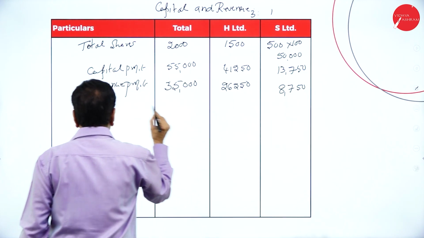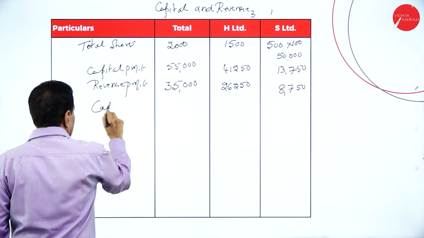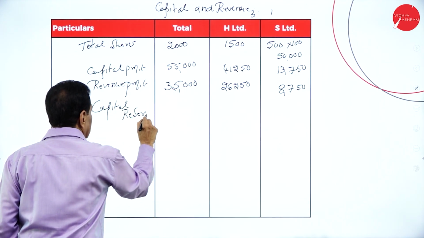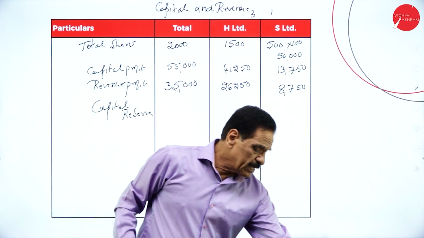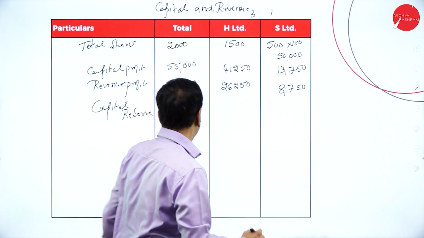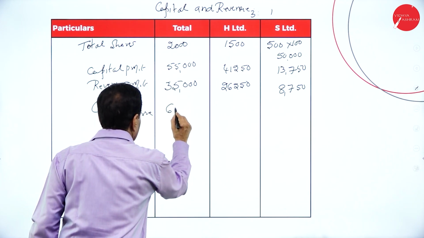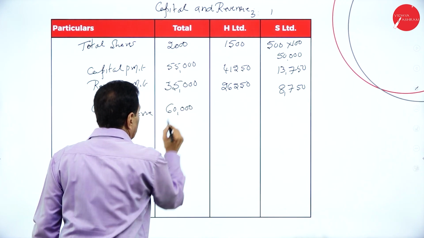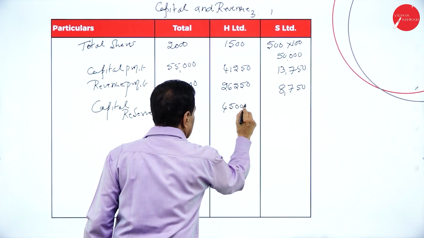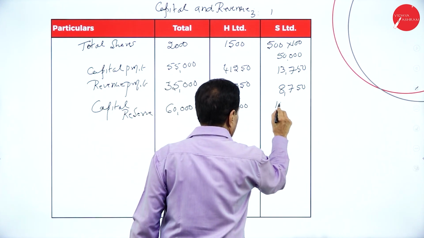Then capital reserve. The entire reserve available in the balance sheet is capital reserve. What's the capital reserve? We already showed 60,000. 3 by 4 of this is 45,000. This is 15,000.